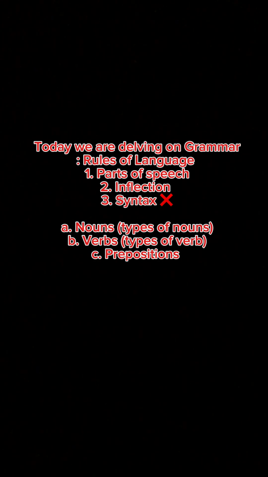So irregular verbs, when we say go and then went: go is the present tense of the verb, and went is the past tense. Buy, bought. Go, went. Drink, drank.